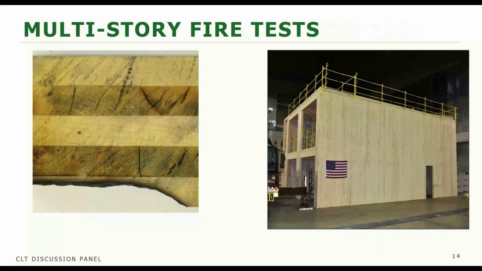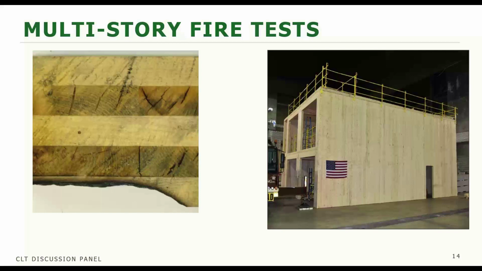This led to some additional fire testing. This was a multi-story fire test that AWC oversaw along with U.S. Forest Products Laboratory staff, and again, with the help of our partner organizations. This was done at the ATF Fire Research Lab in Maryland.